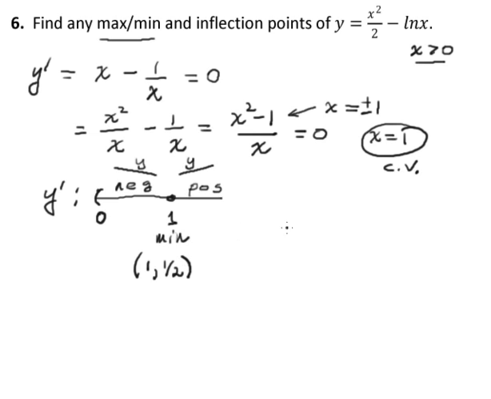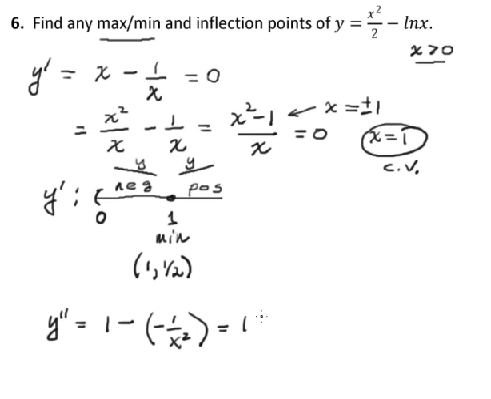And now to find inflection points, we take the derivative once again. Okay, let's take the derivative of y prime in this form. Y double prime is equal to 1 minus the derivative of 1 over x, which is minus 1 over x squared.